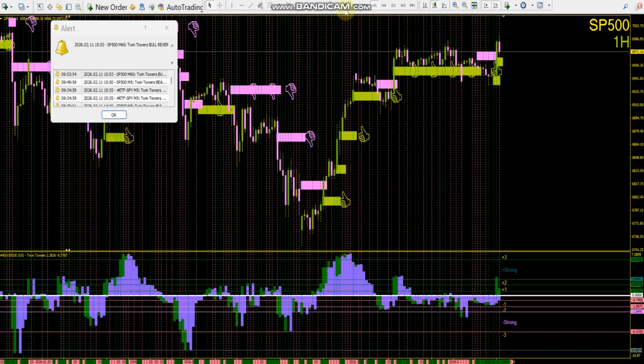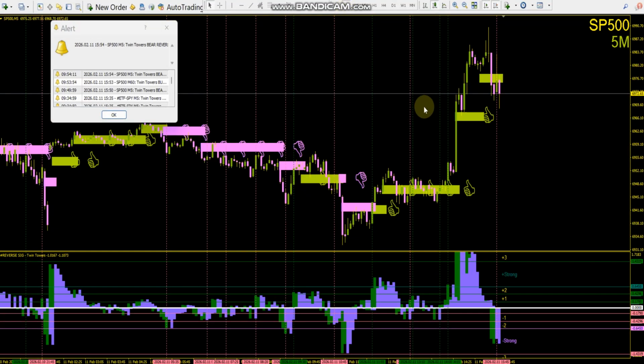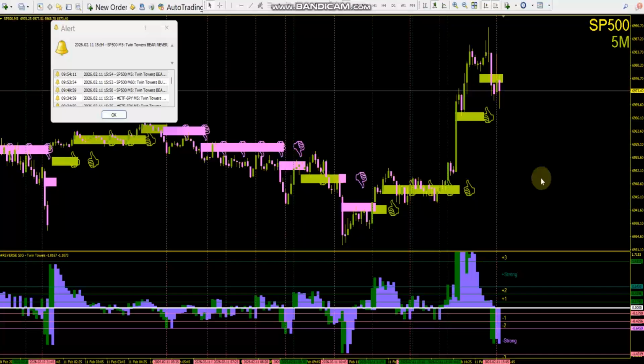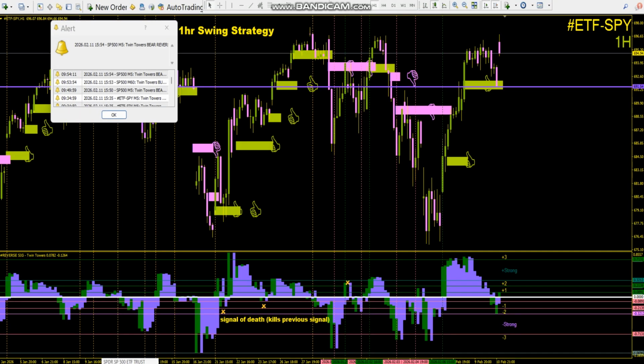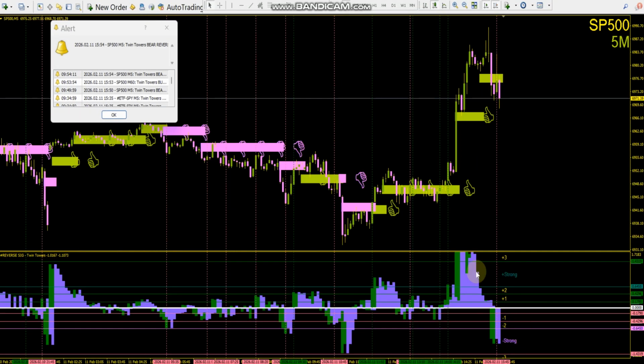Okay, but the difference is the S&P is pretty much trading 24 hours here, because it's not the US SPY. So you got the gap there. So right in here, this system is basically catching what this is doing before the gap.